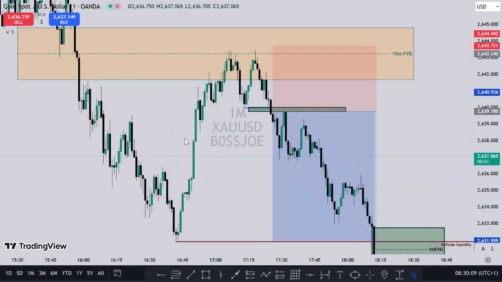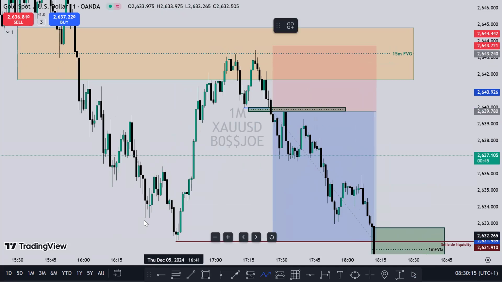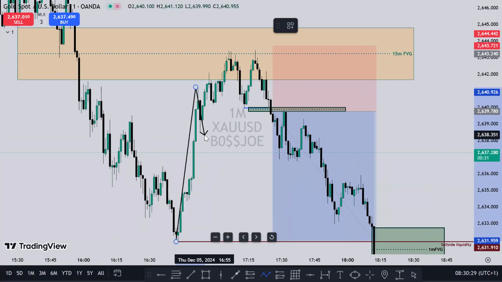For example, now, have you seen this movement right here? This candlestick, this is a low, this is a high, this is a breaking market structure with this candle. So price moved up, came down. This is a structure forming. It moves up, came down.